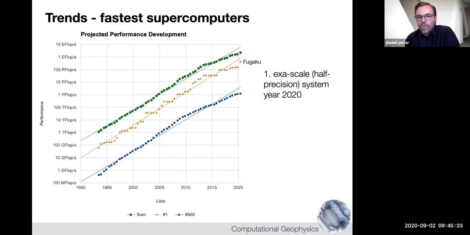Yes, these #1 machines are often prestige projects, but machines like Fugaku, machines like Summit, the previous #1 machine, they are often used for science actually. So they are open for science. And so if we have challenging problems, we can get access to these biggest machines, to these biggest supercomputers.